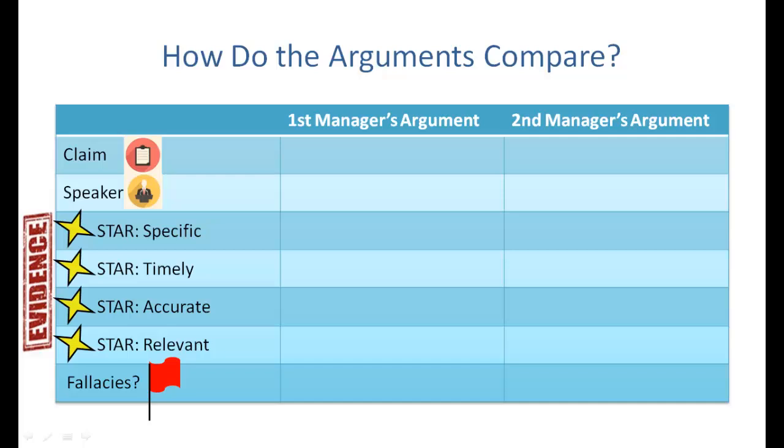Looking for fallacies last helps me recognize any fallacy I hadn't already noticed by analyzing the claim, speaker, and evidence. I can also see just how much the fallacy deflates, weakens, or destroys the argument. I like to call fallacies the argument killer because a strong argument can be squashed quickly by a fallacy.